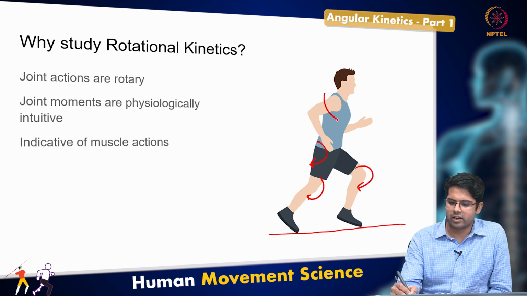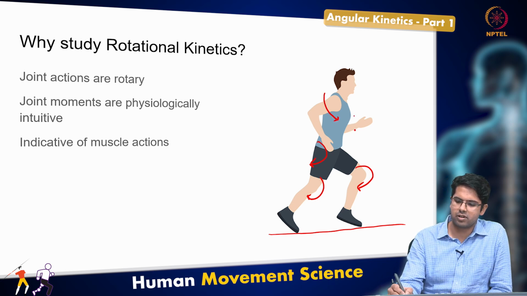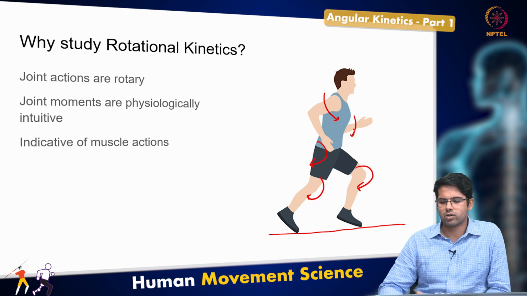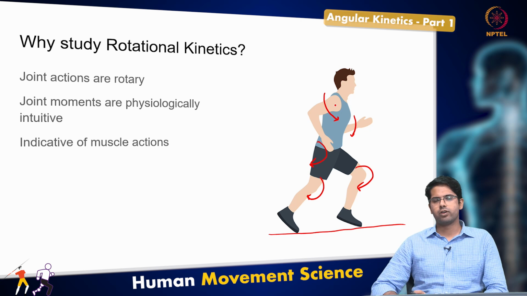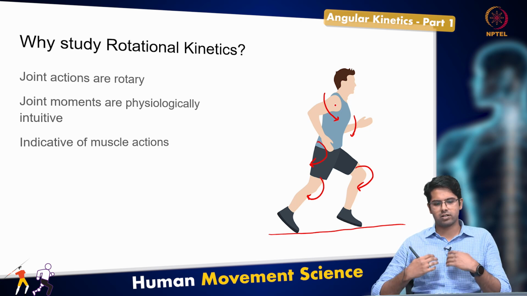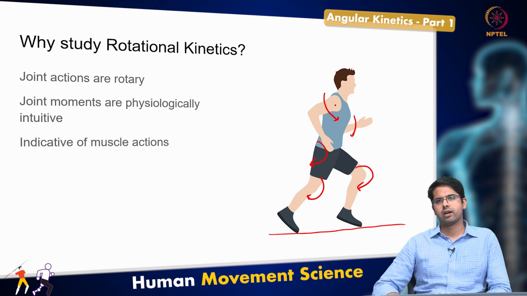They'll be swinging their arms back and forth, right? So the forcing required to move your individual segments, the rotary forcing, is intuitive if you think about it physiologically, and we'll see why it is intuitive when we look at muscle action, right?